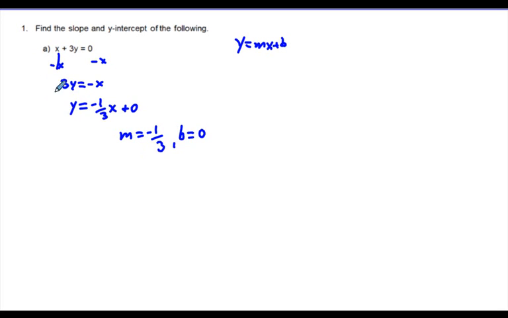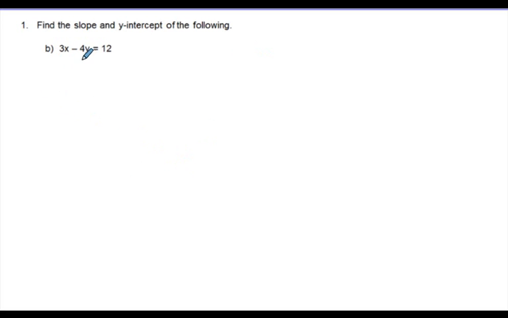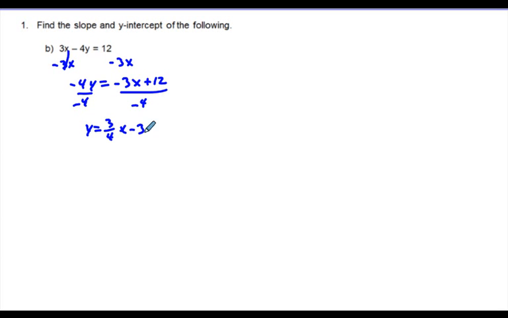Okay, let's go on to the next one. B, we have 3x minus 4y equals 12. Again, if we solve for y and get slope-intercept form, we can subtract 3x from both sides of this equation. So we have negative 4y equals negative 3x plus 12, and we divide by negative 4. What we're going to get is y equals 3/4 x minus 3.